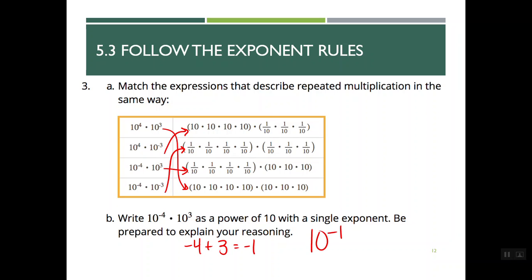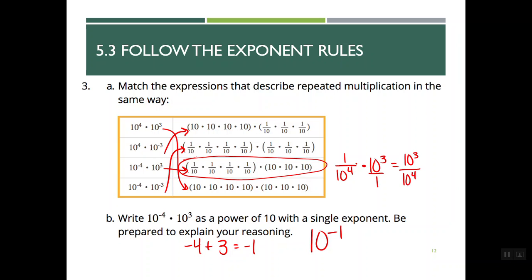And how does that work? Well, I'll show you. If I multiply across here on these fractions, I get 1 over 10 to the fourth times 10 to the third. Well, that's 10 to the third over 10 to the fourth.